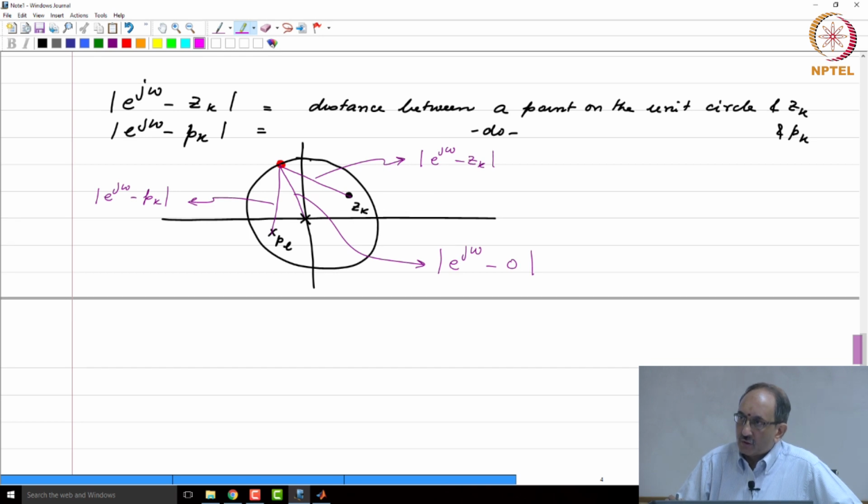Once you have this geometric interpretation in place, for example, when you are here on the unit circle, you are closest to this 0, which means this distance will be very small.